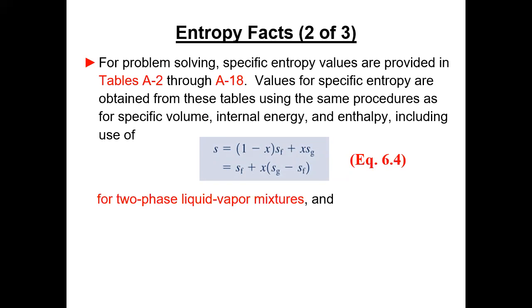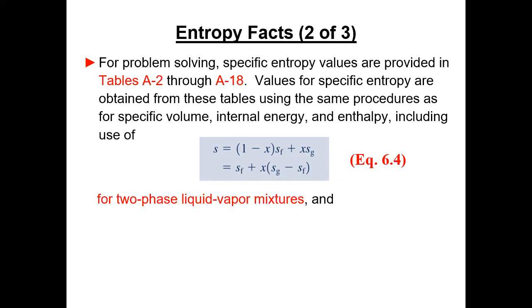The specific entropy at some state is, and X is the quality, like we had before. X is the fraction between 0 and 1. When X is 1, we're all vapor, and when X is 0, we're all liquid.